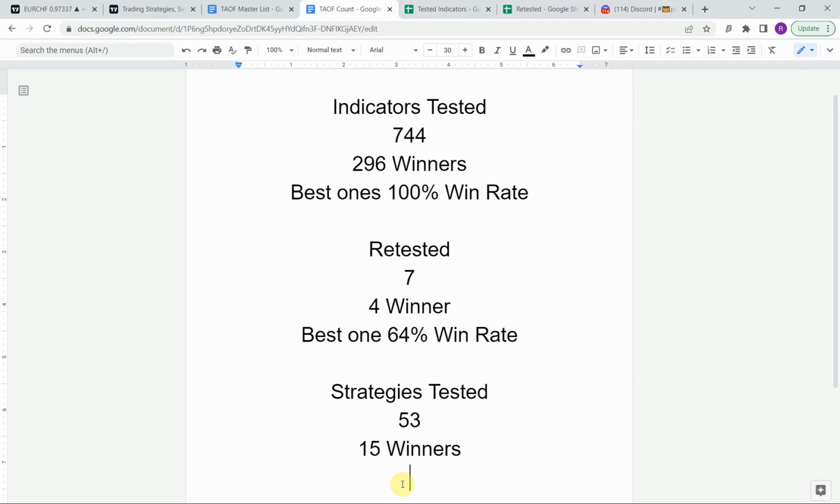Now you need to go back and watch those videos to understand the context of how they were able to achieve that. So go back and watch those videos and see what you can get out of those winning indicators. We've also retested in the advanced testing 7 of the winning indicators. 4 of them have been able to maintain the winning status, with the best one at a 64% win rate. Now keep in mind that we test most of these strategies and indicators on the Forex market, but they can be applied to just about any market universally.